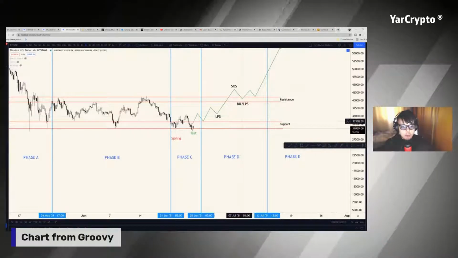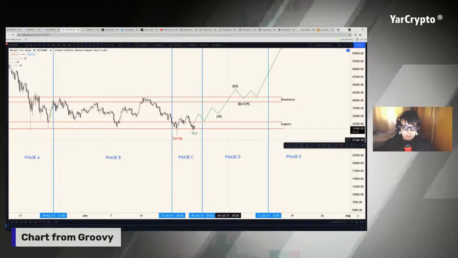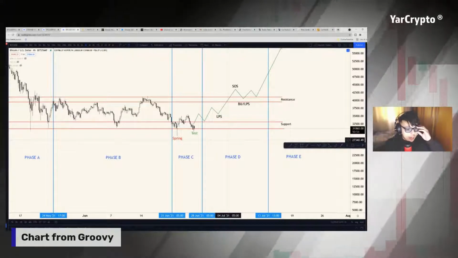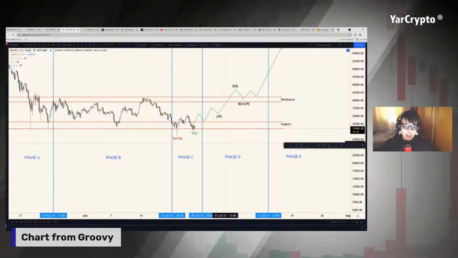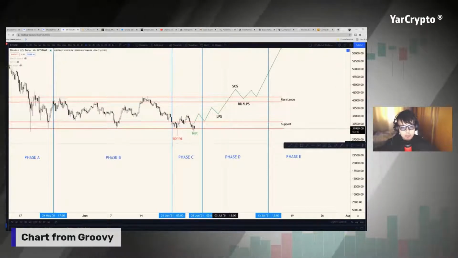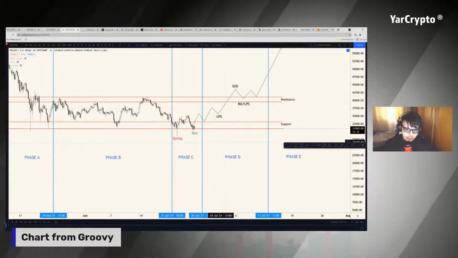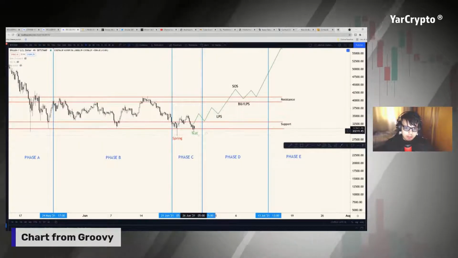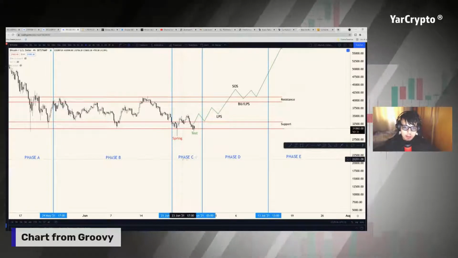So if you guys can see here, I have the 4-hour time frame, and in this BTC chart I drew the phases of the Wyckoff method, and we are seeing a lot of people talking about it on Twitter as well, the potential test phase of phase C of this Wyckoff method.